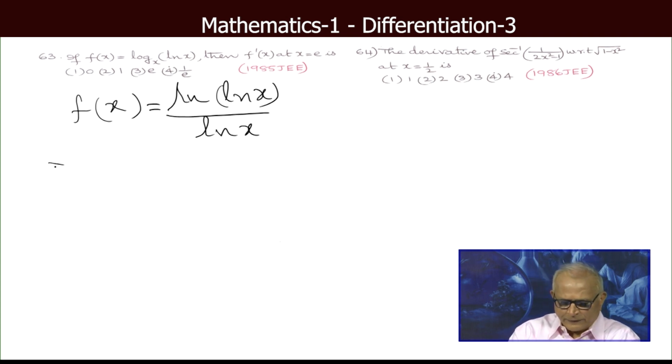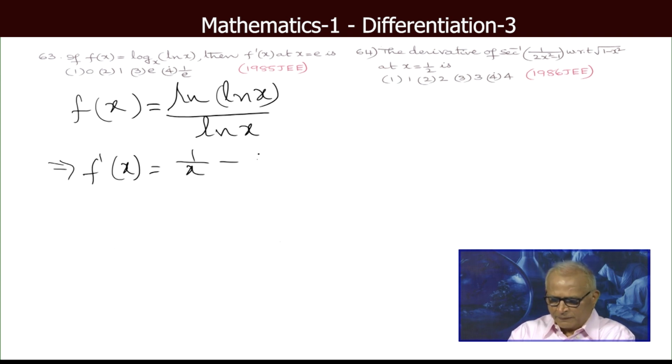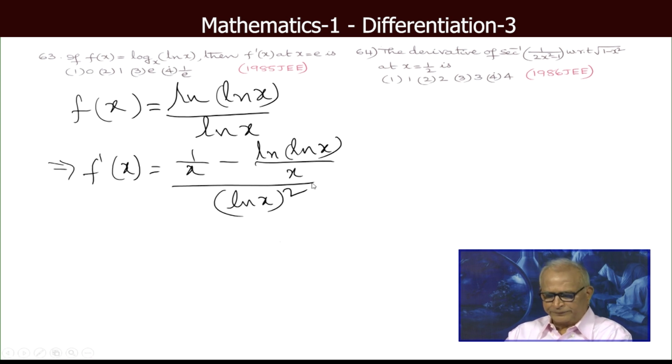So, f dash x is ln x into the derivative of ln x, which is 1 by x ln x, minus ln x into the derivative of ln x, which is 1 by x, by ln x whole square. I simply applied the quotient rule.